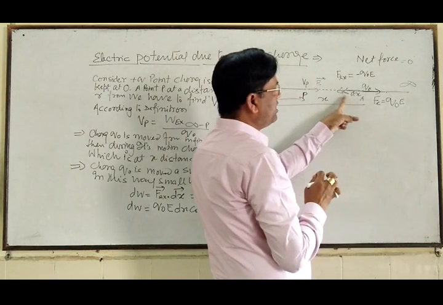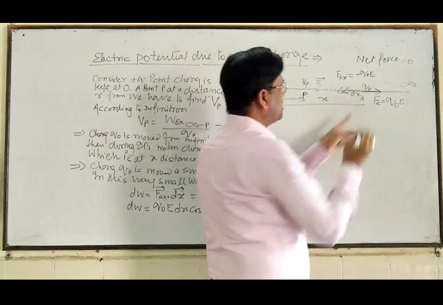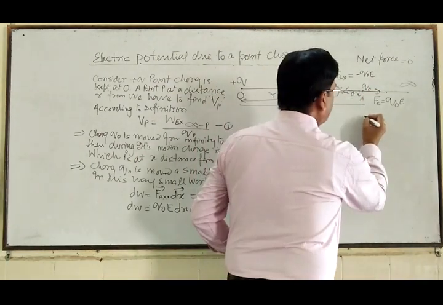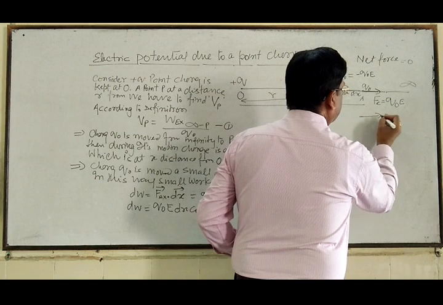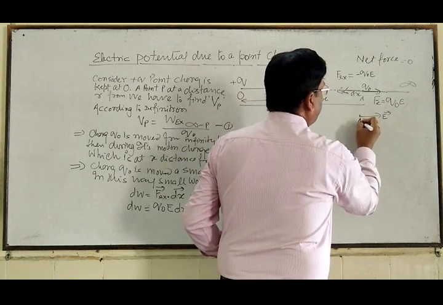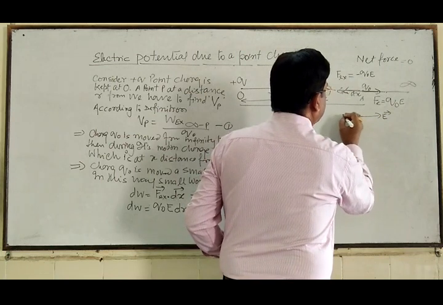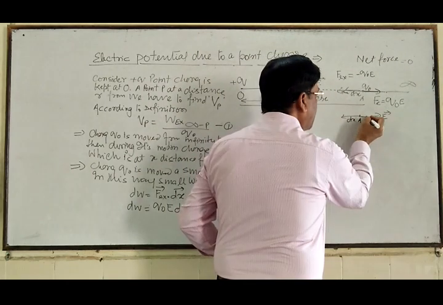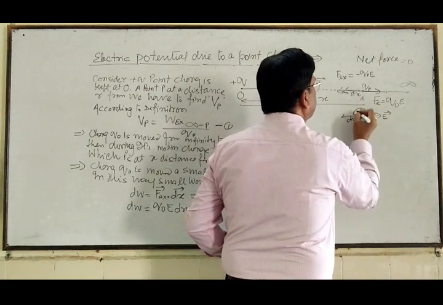The displacement is in this direction. This is the direction of dx. Suppose this is the direction of E, and this is point A, and dx as small distance is moved in this direction. Then this will be the angle theta.